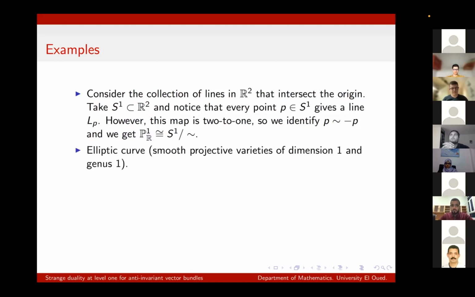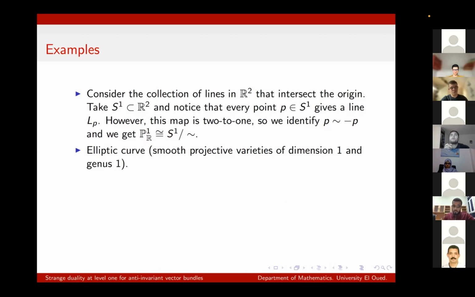Another example is given by the elliptic curves. If you consider a smooth projective variety of dimension 1 and genus 1 in complex geometry, this is equivalent to a torus. So you can think of it geometrically as a donut, which is a surface with just one hole.